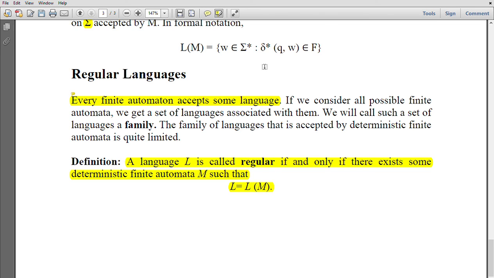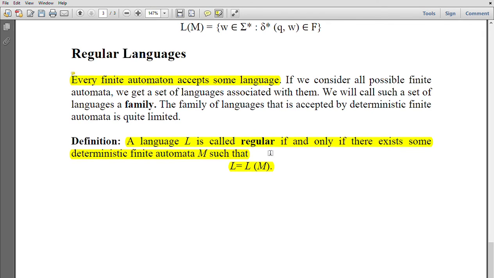A language will be regular if there is a deterministic finite automata for it. If and only if is written there. So the language is regular when there is a deterministic finite automata for it, and if there is a deterministic finite automata, the language generated by it will also be regular. It is true in both directions.